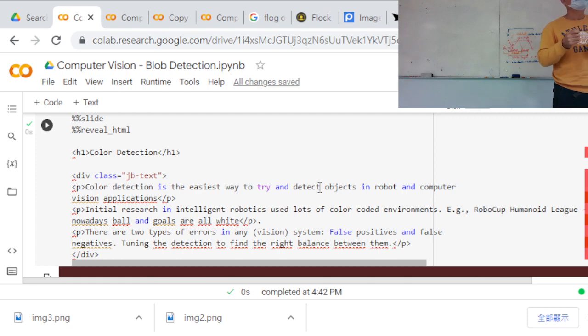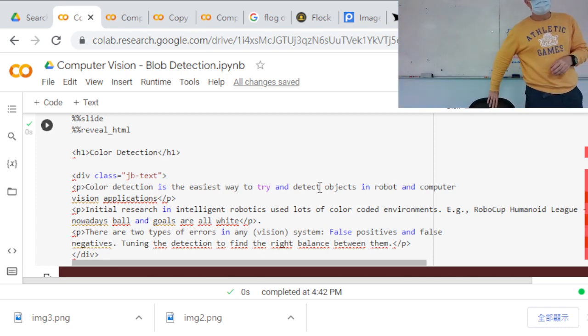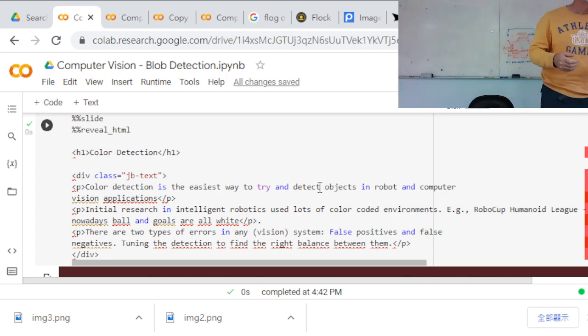Deep learning papers only say accuracy 90%, 95%. If you say that for any vision system, then I know you're exaggerating your results and overfitting them to the particular training set that you use.